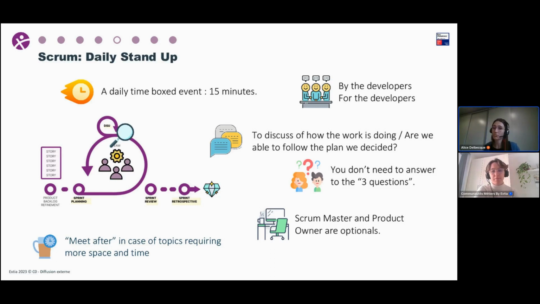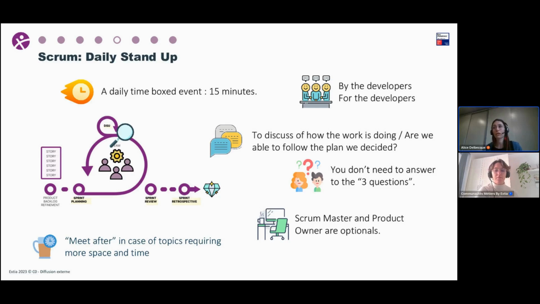So for a new team, it's really important, of course, to have the Scrum Master present at the daily stand-up. But when you have a mature team, it could be okay if the Scrum Master is not attending, because in the daily, the developers are discussing together how the work is going and if they are able to follow the plan that they decided during the sprint planning.